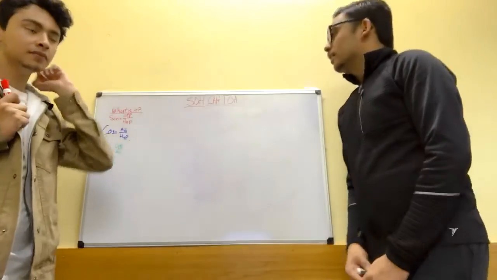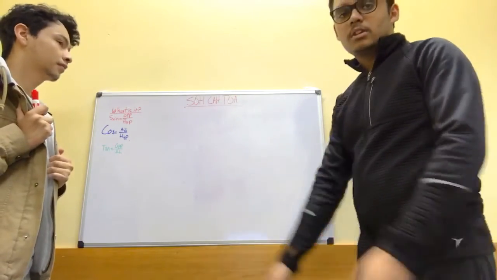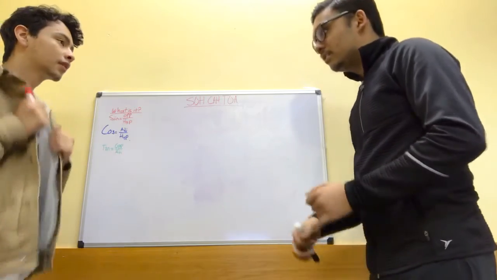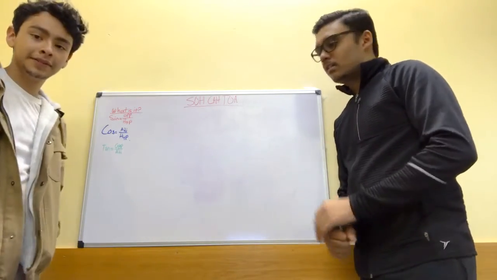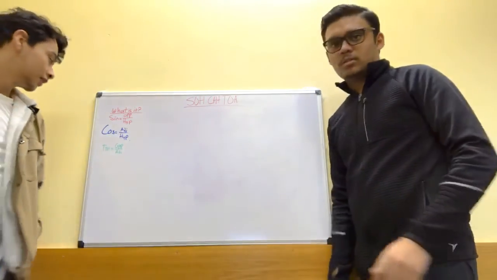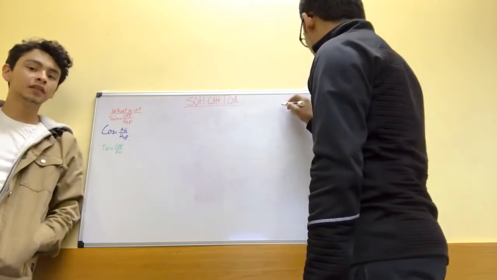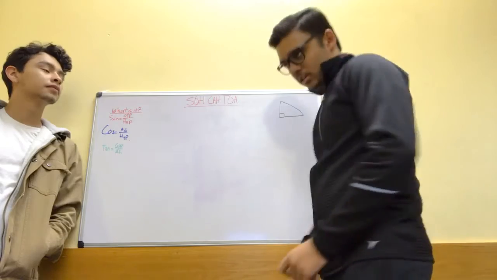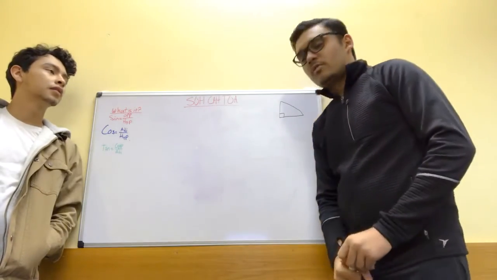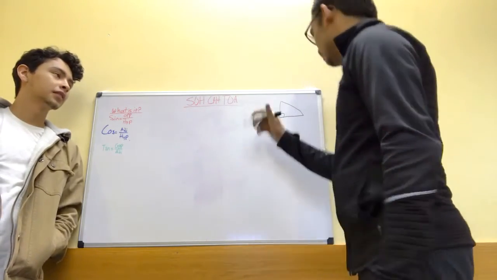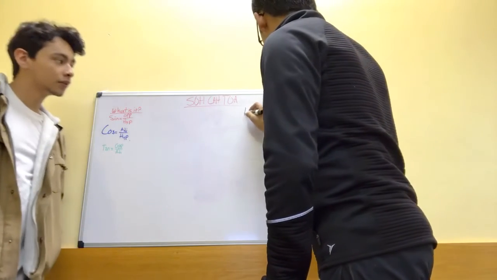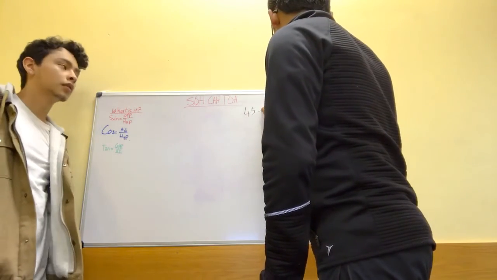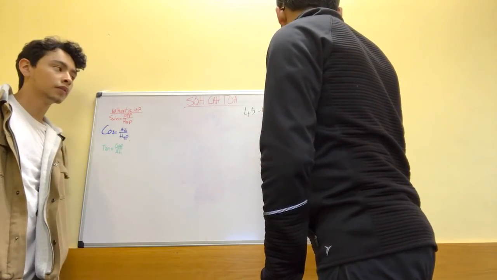Okay, so for SOHCAHTOA, the only time you can use SOHCAHTOA is if you have a right triangle. If you have any other triangle, like an isosceles triangle or equilateral triangle, you can't use SOHCAHTOA. The triangle has to be a 90-degree triangle. Right, there are things called special triangles. Special triangle basically means 45, 45, and 90.